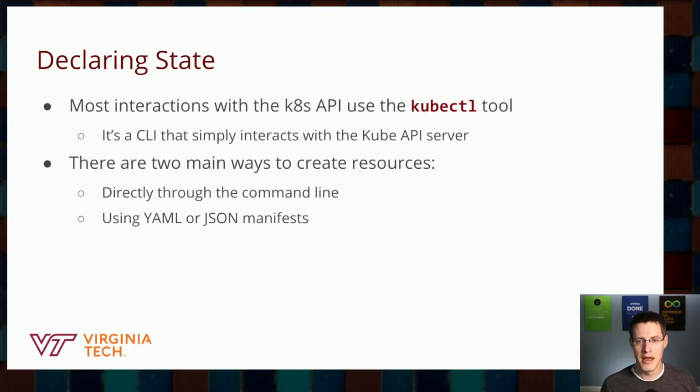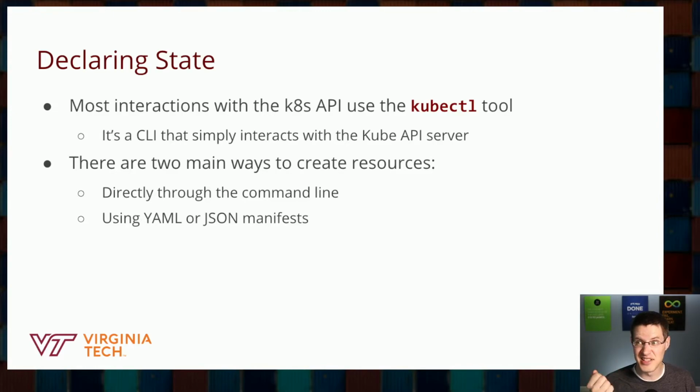All right, now let's learn how to actually declare the state. Okay, so most interactions with the Kubernetes API use a tool called kubectl, kubecontrol. It just depends on who you're talking to, but there's a lot of debate on what's the actual name of this thing, or how to say it correctly. So I'm going to mix it up quite a bit, but you're welcome to choose whatever pronunciation you want.